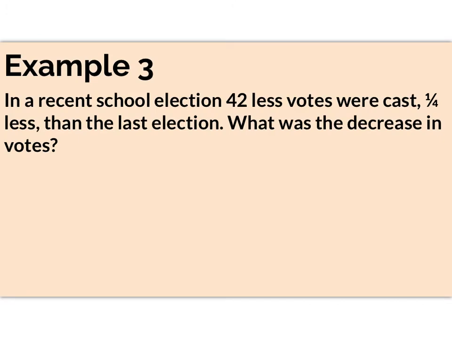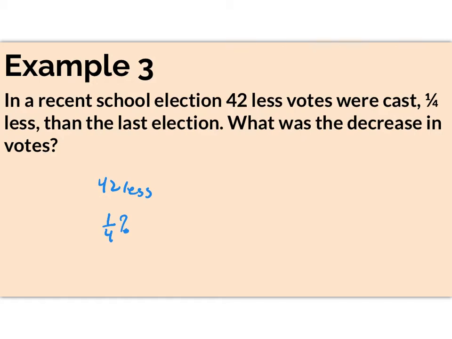In a recent school election, 42 fewer votes were cast than the last election. What was the decrease in votes? Okay, so we also had that the change was 1/4%.